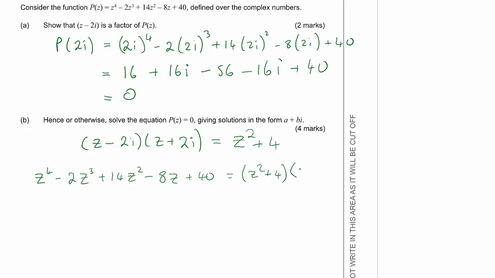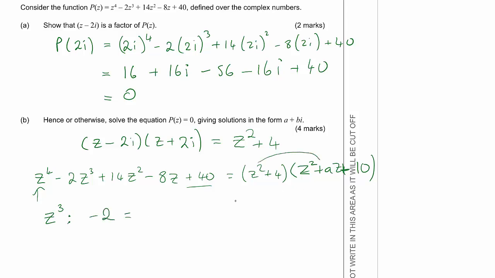Open a bracket. We must start here with a z squared to get the z to the 4 here. We must finish with a plus 10 in order to get the plus 40 here. And we don't know what the middle is. But what we can do now is look at, say, z cubed coefficients. Now on the left here it's negative 2.